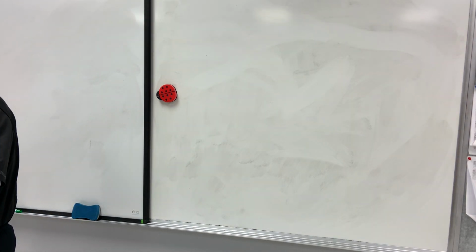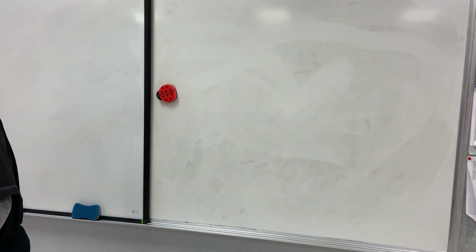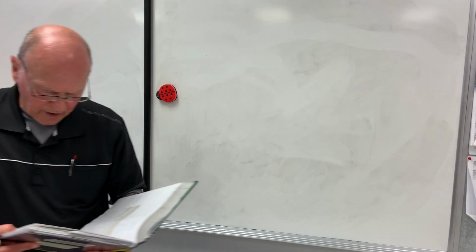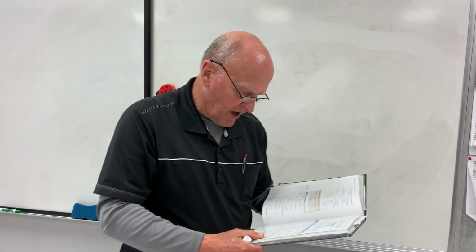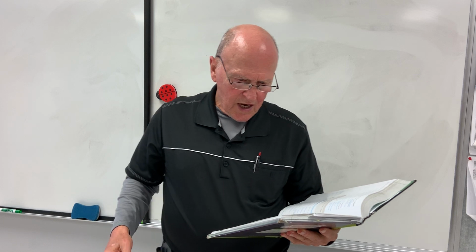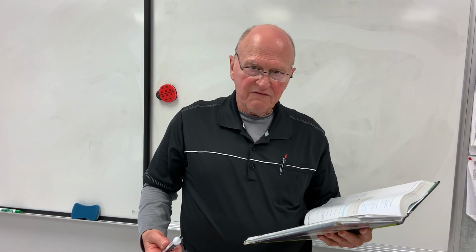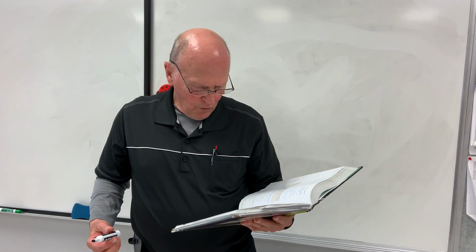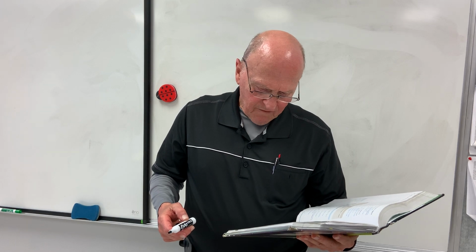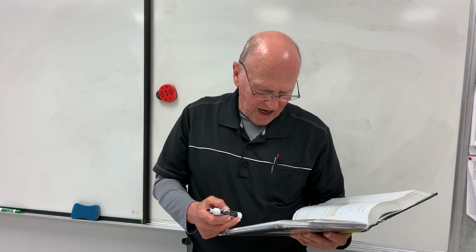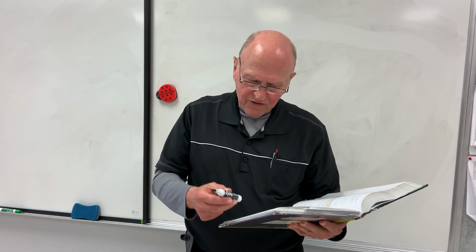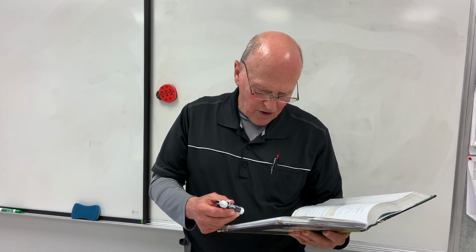Look at problem 1. It says name all pairs of vectors that appear to be equal. Now I'm on page 755 right now, so if you would look on there, it looks to me like M and P have the same direction, same magnitude.